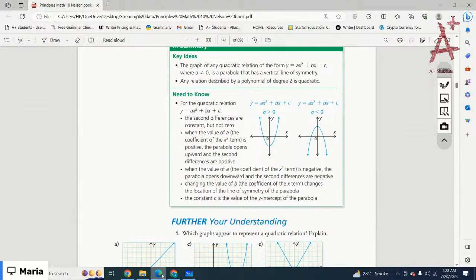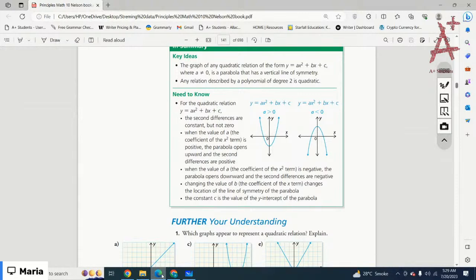Any relation described by a polynomial of degree 2 is quadratic. So if you have any equation that is written with degree 2, that means that is a quadratic relation. For the quadratic relation y equals ax squared plus bx plus c, the second differences are not constant but not 0. The first difference is constant, but the second difference is not constant, but it is not 0.